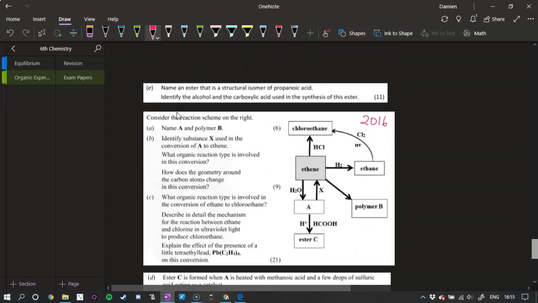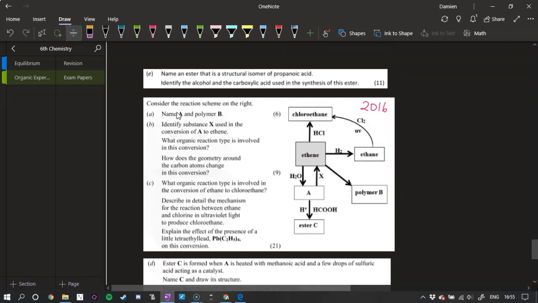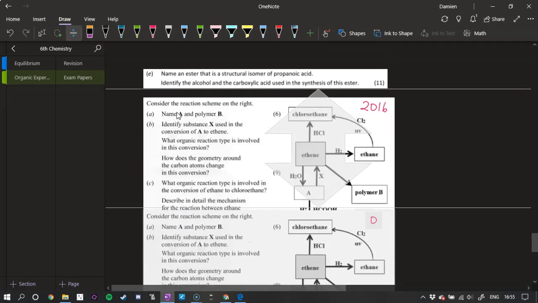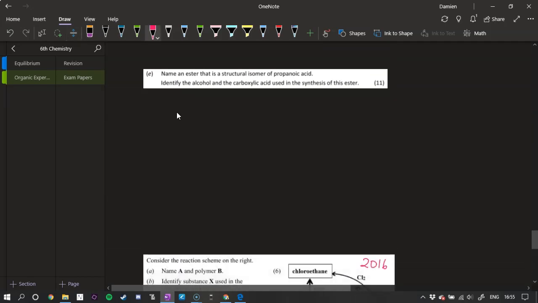That's part D. Part E then: name an ester that is a structural isomer of propanoic acid and identify the alcohol and carboxylic acid. Okay, so I'll just draw out a molecule here, be back in a second. So what I've done here is I have drawn out propanoic acid. And what I would do here is redraw the molecule.